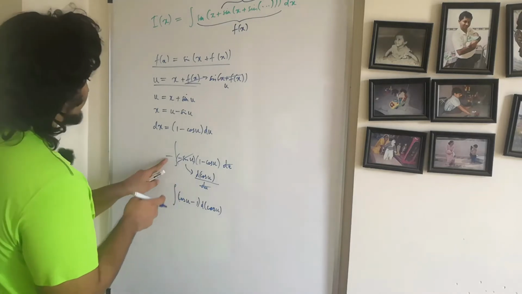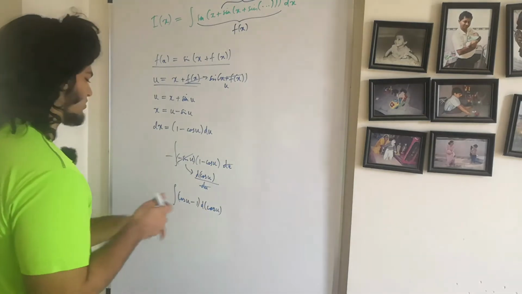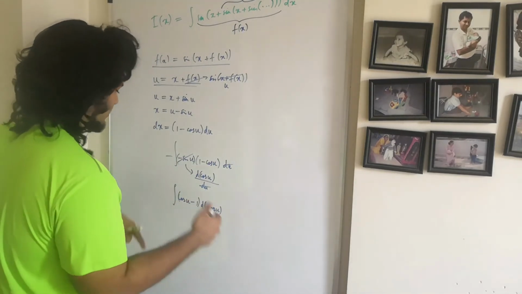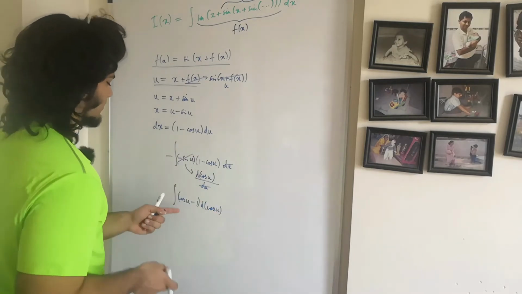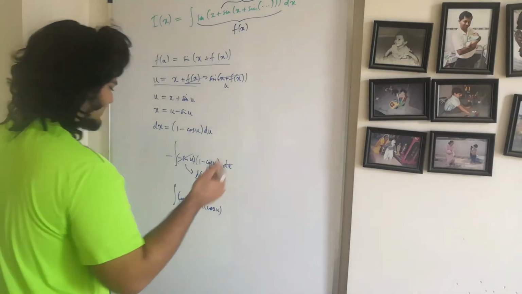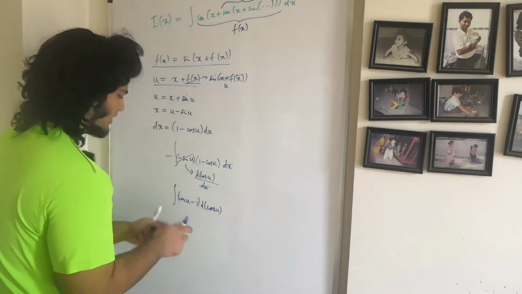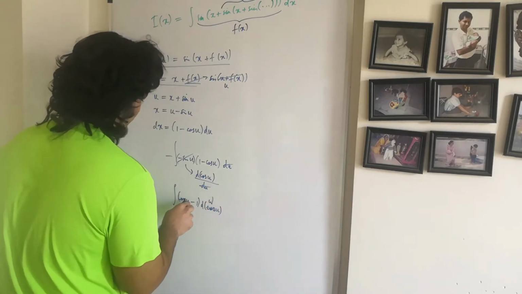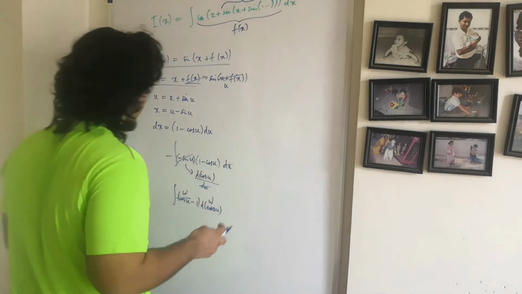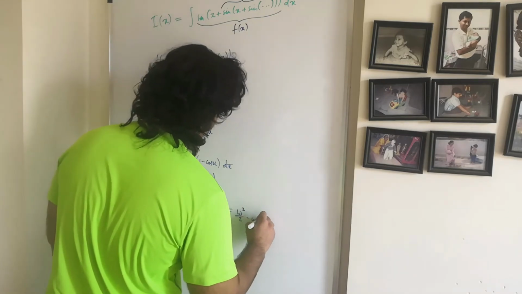Because if you distribute this minus sign inside, you get 1 minus cos u becomes cos u minus 1. You can do another substitution with, let's say, w equaling cos u if you want, but let's skip that part and jump directly to integrating it. If we look at just cos u as a variable, maybe I should write it as w, then we are just integrating w minus 1 with respect to w, so that is nothing but w squared by 2 minus w plus c.